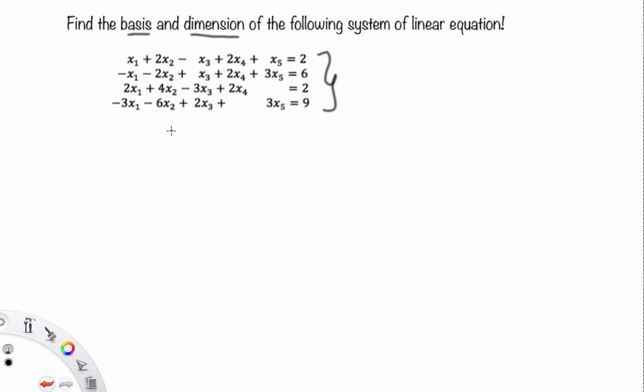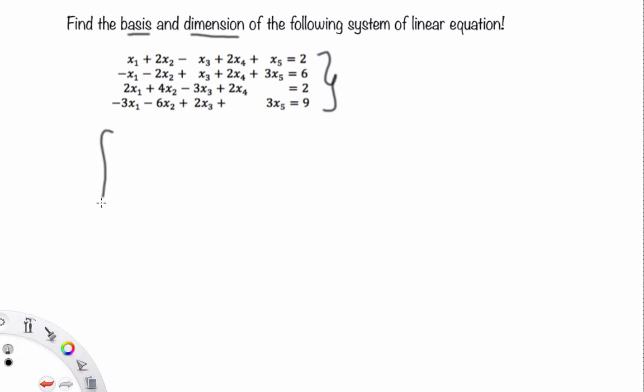So what is the first step? Of course, the first step is to change this into a matrix, and we have to write it as an augmented matrix.